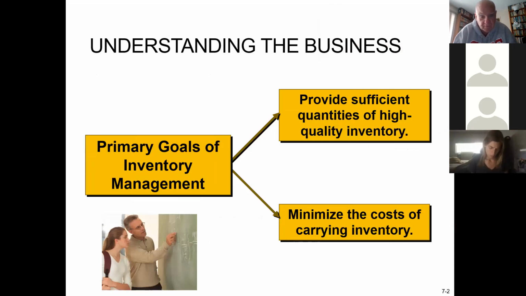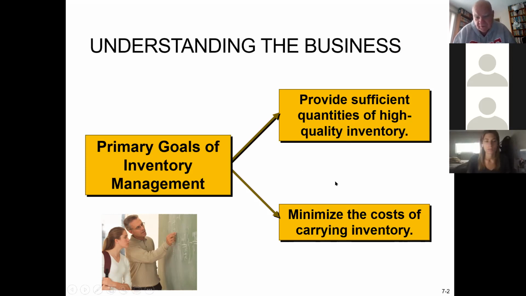And primary goals of inventory management. You want sufficient levels of inventory, but you don't want too much. In an ideal world, you'd have no inventory at all at the end of the day. That would mean you sold everything and you'll have enough delivered immediately the next morning. That would be the perfect method.